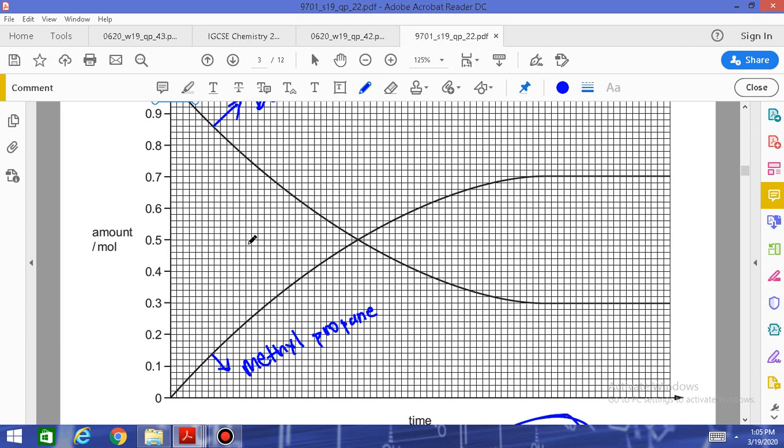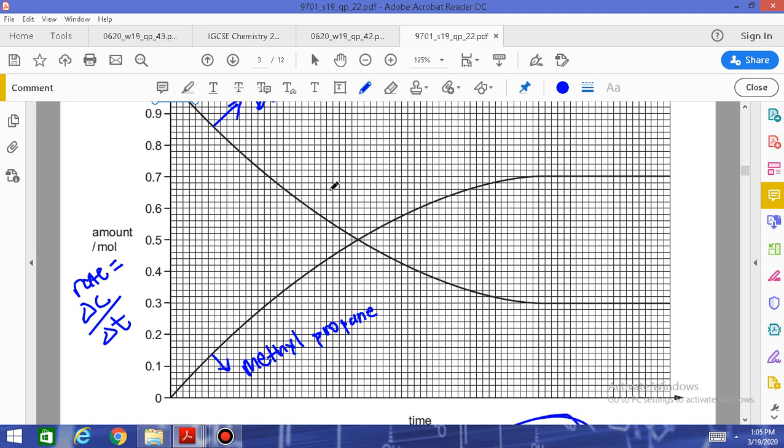So actually this graph represents rate of reaction. Remember, rate of reaction equals concentration change per unit time. The concentration can be mole, concentration in mole per cubic decimeter, gram, volume, and so on.